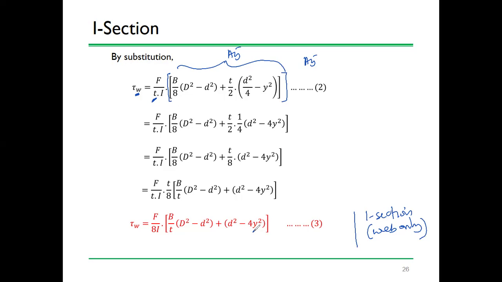The only thing not known is the y. So simply get your y values. Once you substitute into equation 3, you get your answer. I want you to also write equation 3 down, and note that that one is for the web.